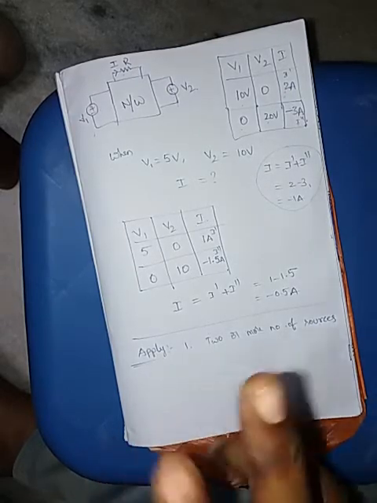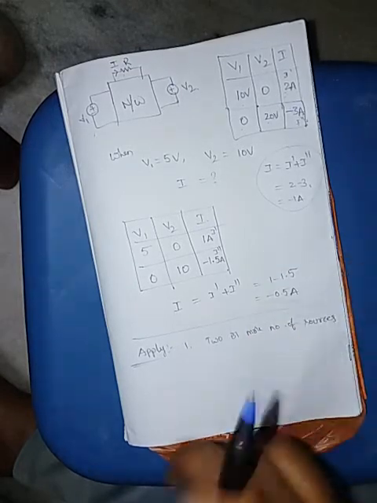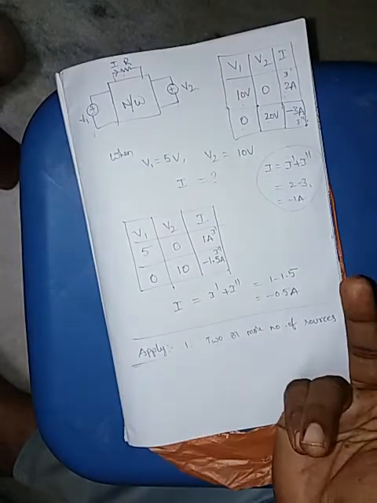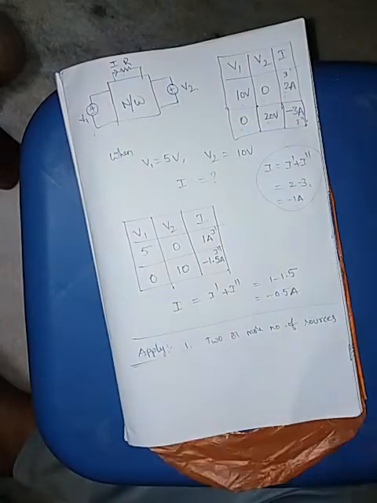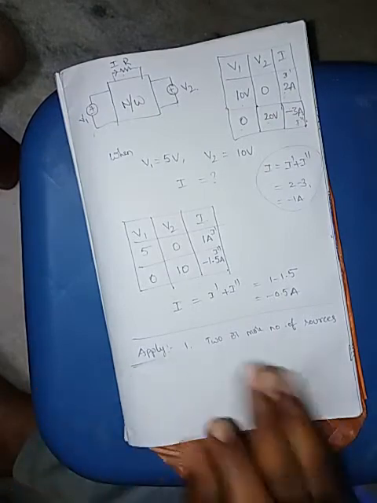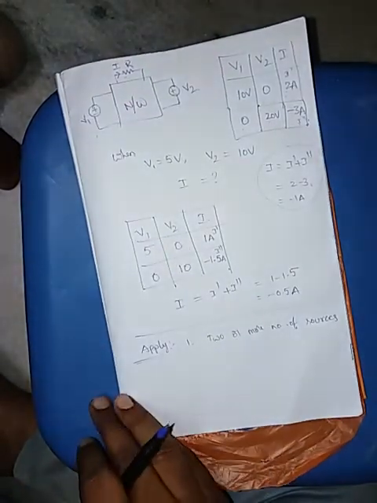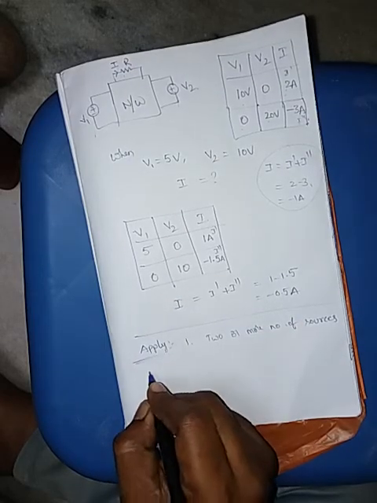That means 2 voltage sources, maybe 2 current sources, or 1 voltage source and 1 current source, or 2 voltage sources and 2 current sources. The network must be like that. That means we should not apply the superposition theorem when the network contains a single voltage source. This is the first condition.